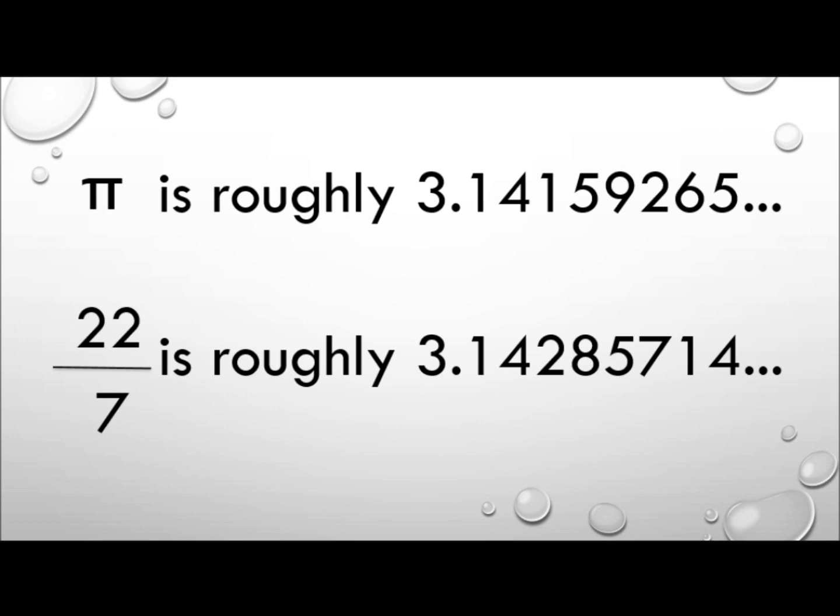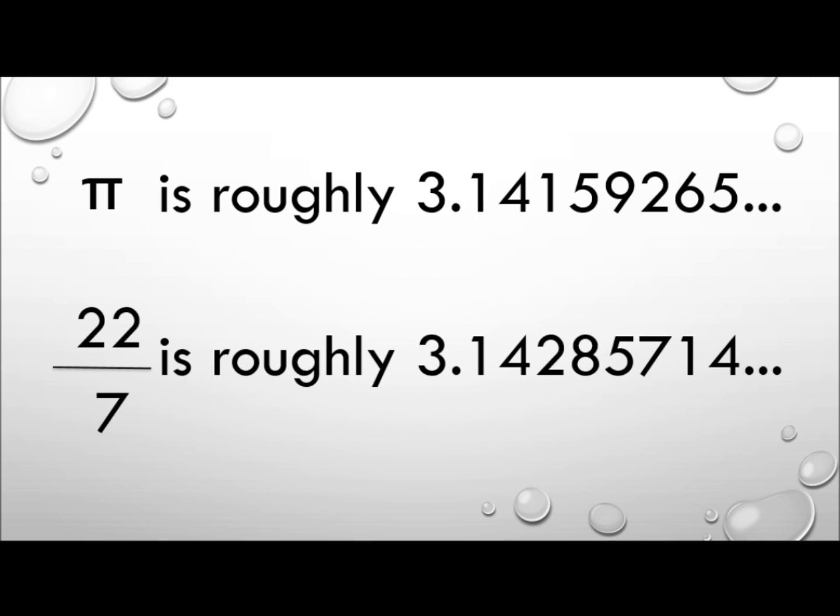Whereas 22/7 is roughly 3.14285714 and the digits go on forever. But as you can see, they are only approximately the same up to the second decimal place. So they're both roughly 3.14, but the numbers get very different after the 3.14.